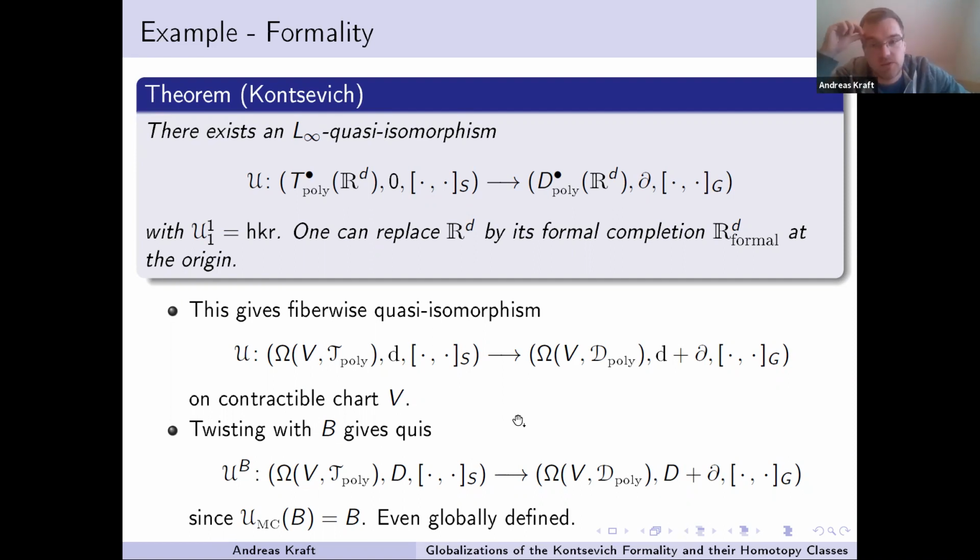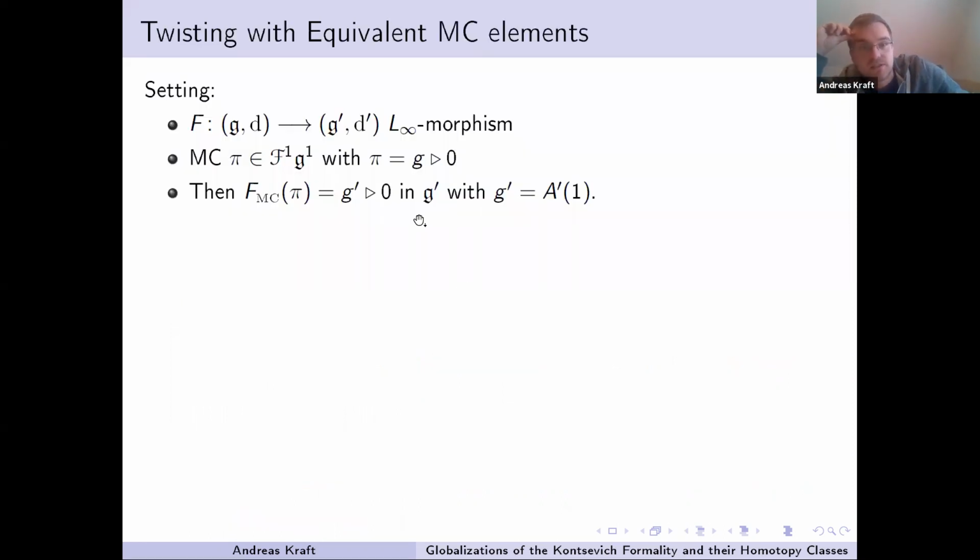Okay. And now suppose we are in this setting, again, back in the general case. Suppose we have some L-infinity morphism between two DGLAs. And we have in the first one a Maurer-Cartan element which is equivalent to 0. Then we know that our L-infinity morphism maps this to a Maurer-Cartan element in G prime, which is again equivalent to 0.